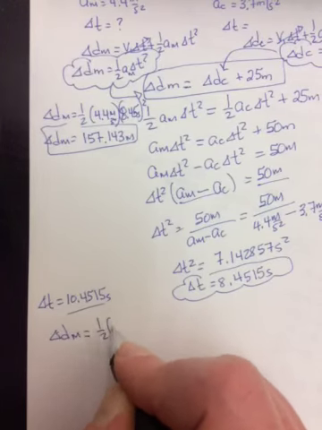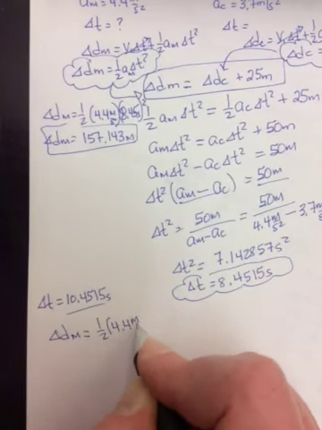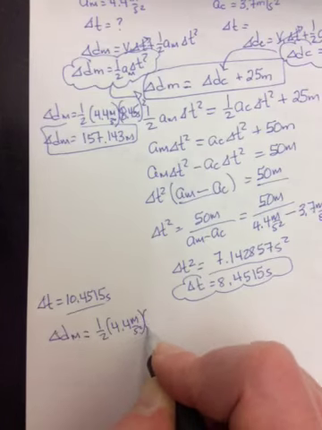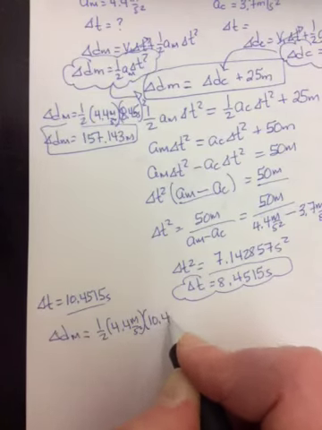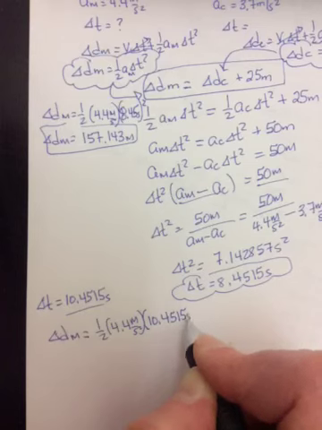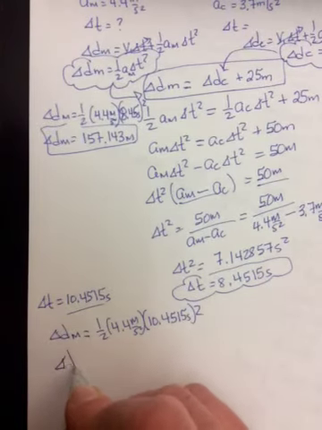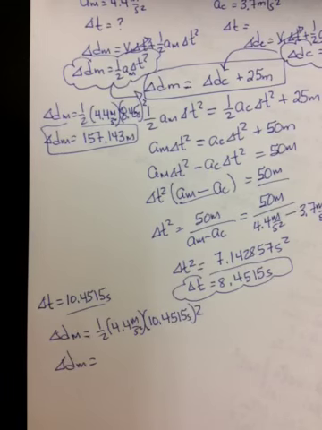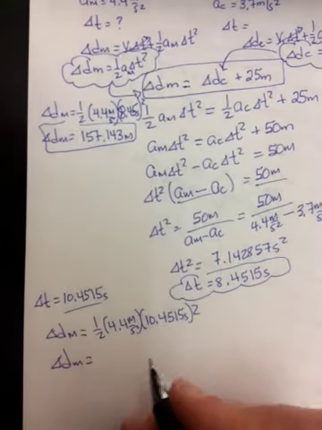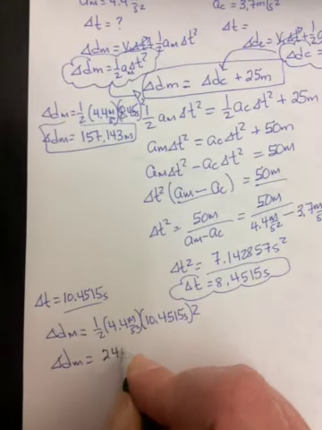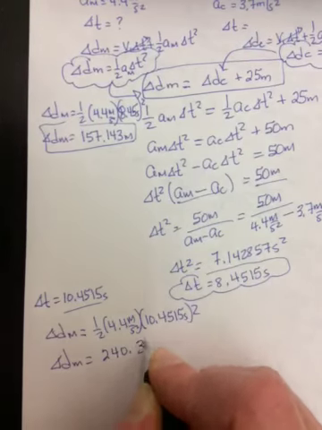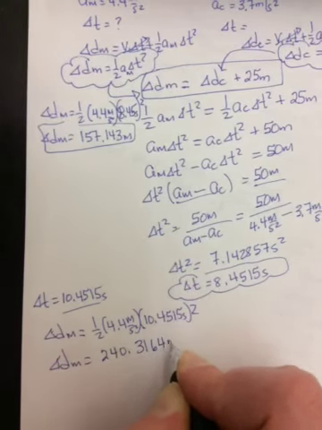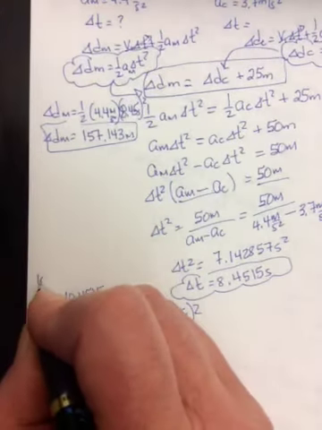So 1/2 times 4.4 meters per second squared times 10.4515 seconds squared. I need to add 2 to the time, square it, times 2.2, and you get 240.3164 meters. So this is part C.